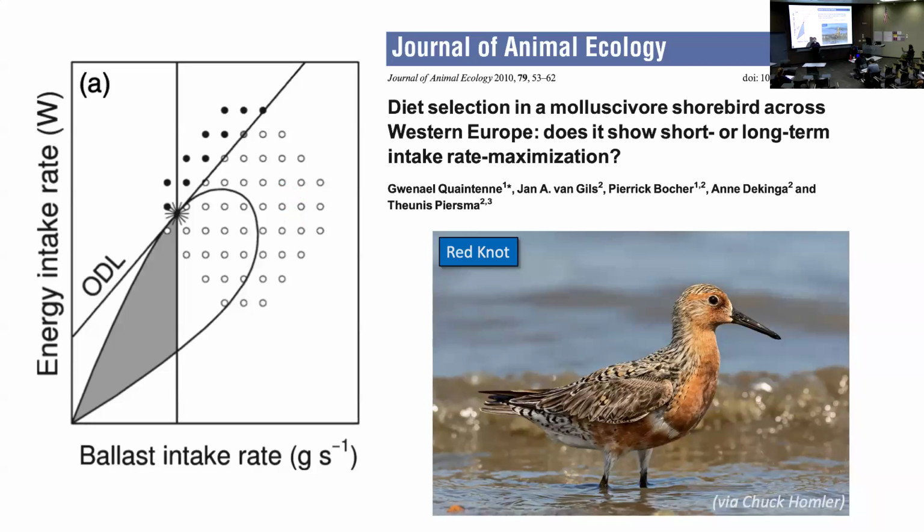So how many calories you get, not per time, but per mass of shell. How much extra bulk do you have to take in order to get that energy? Now, I'm not going to go through the derivations. There have been some nice models from the 90s, and this is one of the popular ones. And I'll just explain how it works graphically.